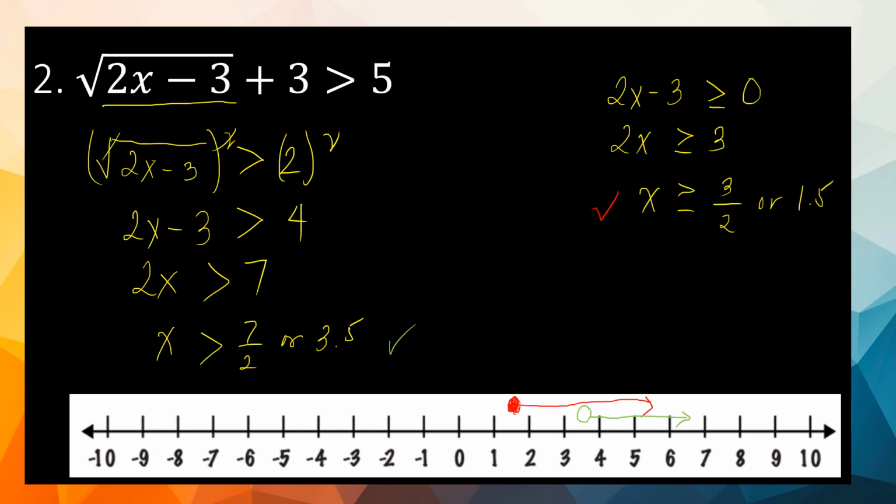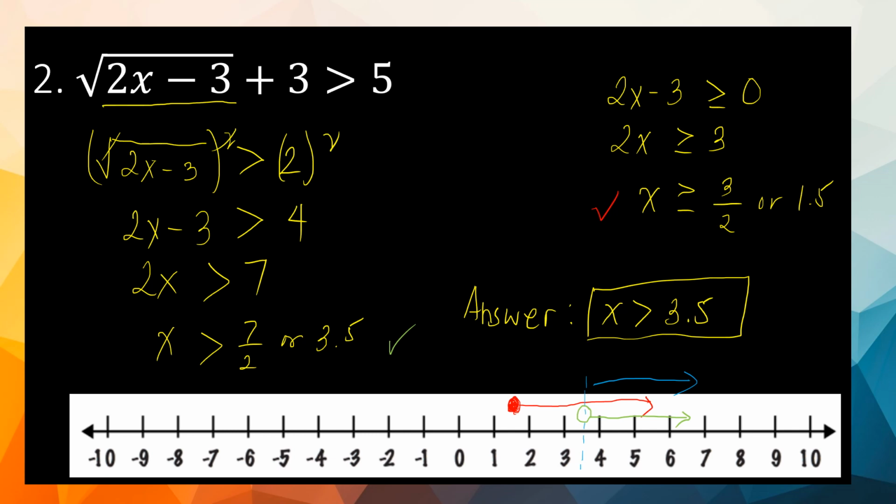This shaded part, continuously from there, they will overlap. So your final answer should be that x is greater than 3.5. Again, why? Because they started to overlap at 3.5 and so on.